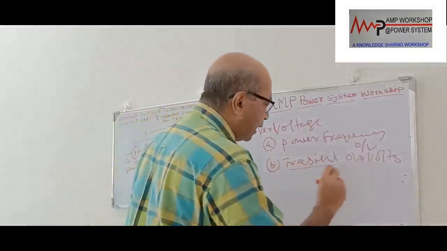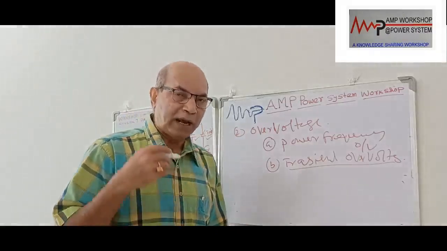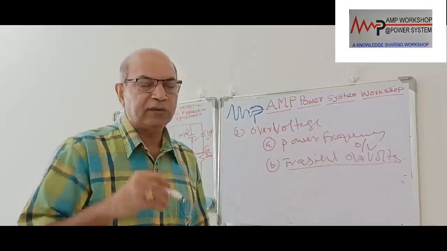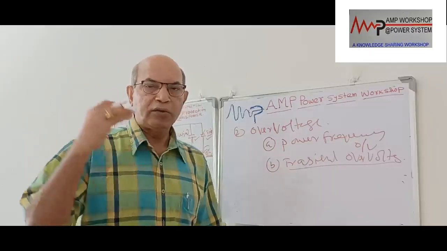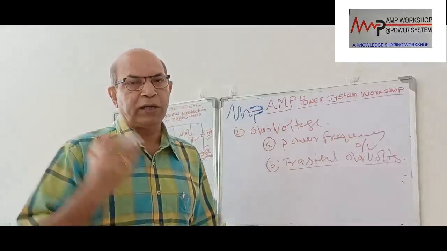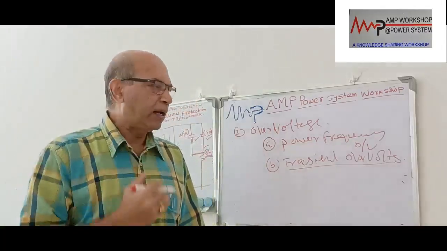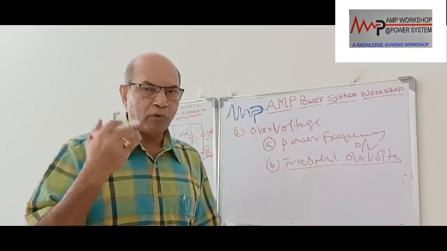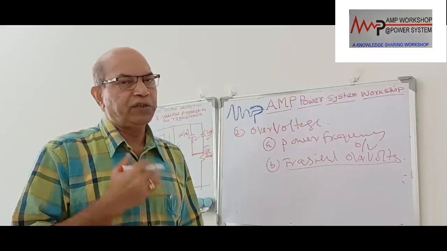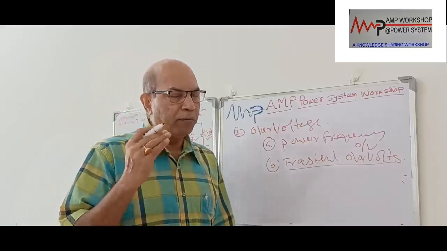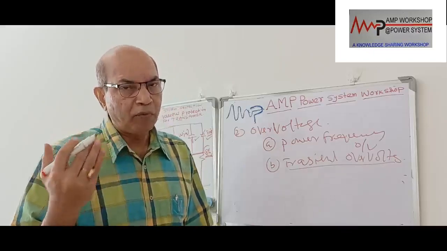How does transient over voltage take place? Transient over voltage takes place from lightning. Suppose the transformer is mounted outdoors and has overhead conductor connections, exposed to the atmosphere. If lightning comes on the transformer overhead wires or on the bushing, then an over voltage can be generated, and this over voltage will be subjected to the transformer winding.